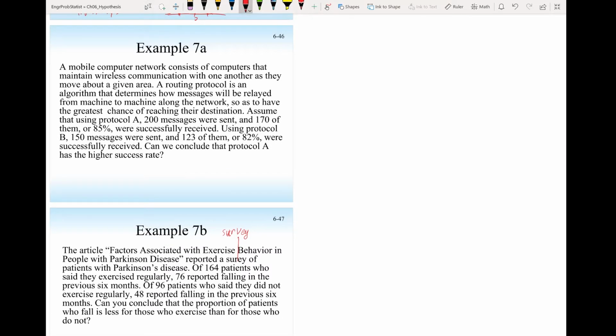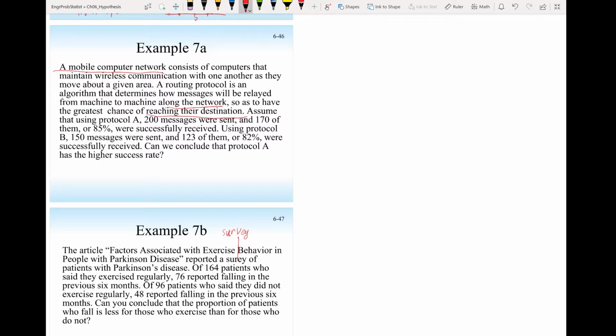A mobile computer network consists of computers that maintain wireless communication with one another as they move about a given area. A routing protocol is an algorithm that determines how messages will be relayed from machine to machine along the network, so as to have the greatest chance of reaching their destination.